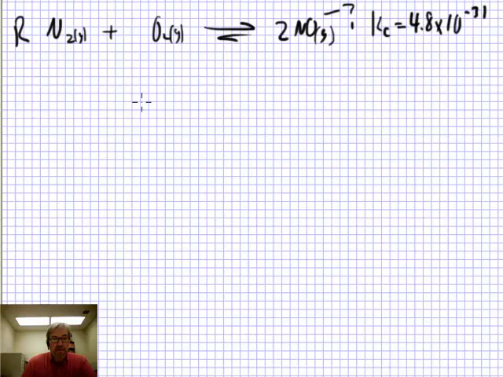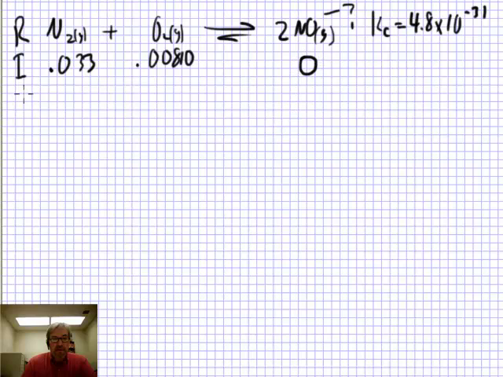The next line of my RICE chart is initial concentration. And it told us in the problem that 0.033 molar was the initial concentration of N2, and O2 molarity is 0.00810 moles per liter. And we're going to assume that the reaction hasn't happened yet, so there's no NO. Here's the change.